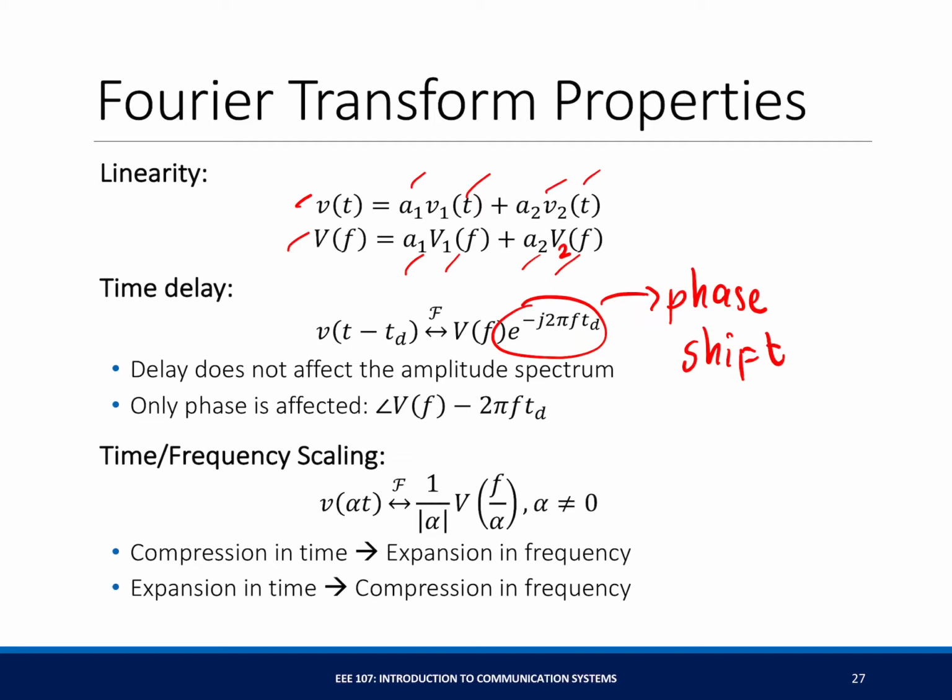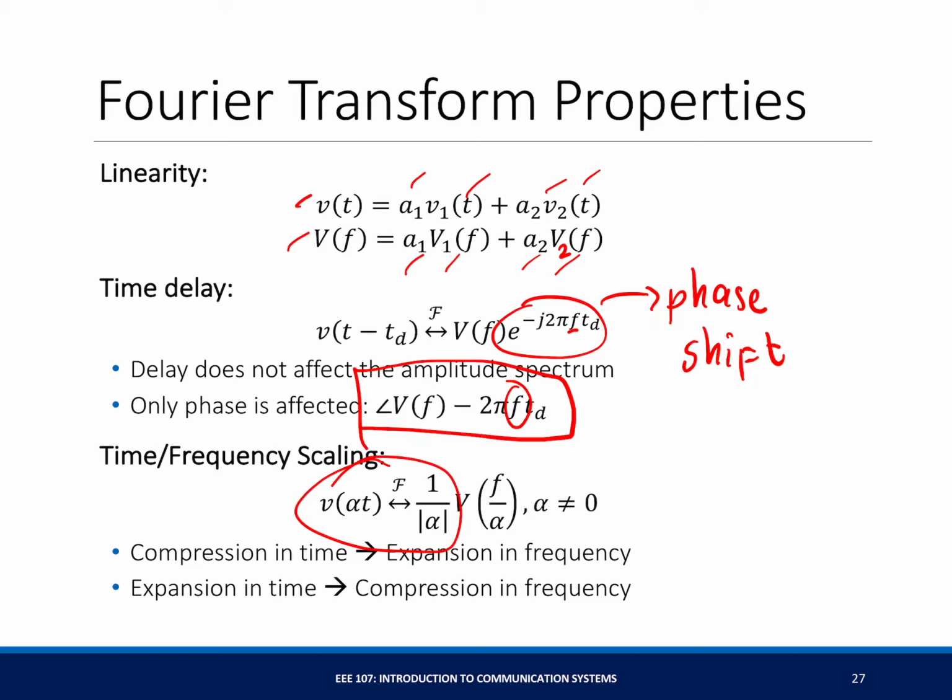So if you get the magnitude of this, it's still the same. So a time delay does not affect the magnitude spectrum, but the phase shift is there. And the phase shift is dependent on the frequency. Okay? So only the phase is affected and it's dependent on the frequency.